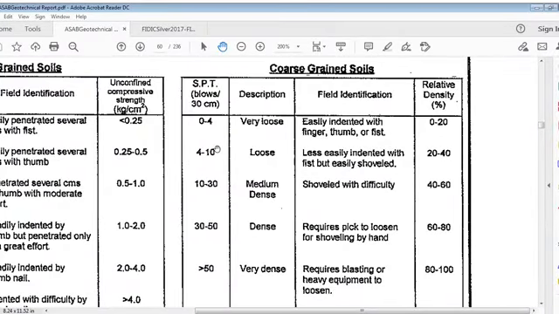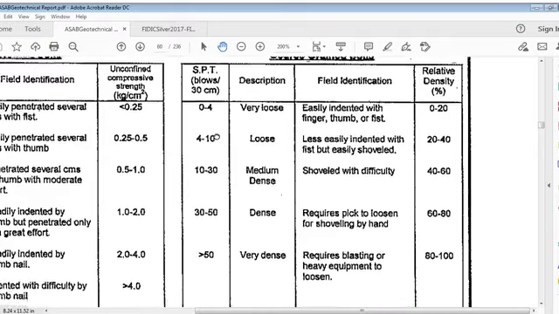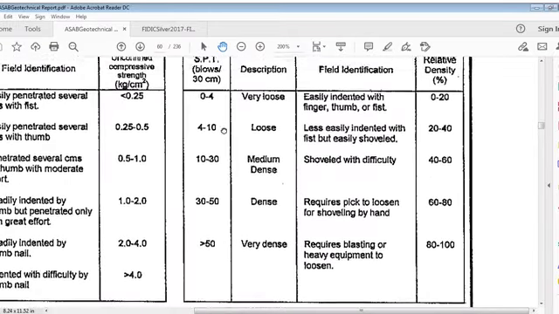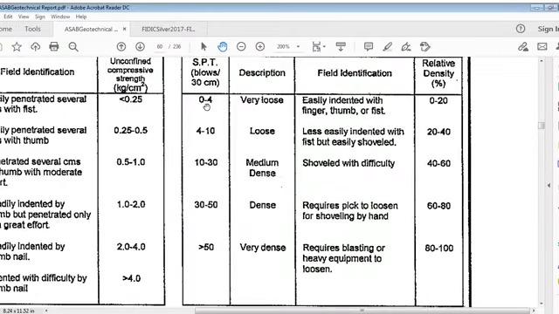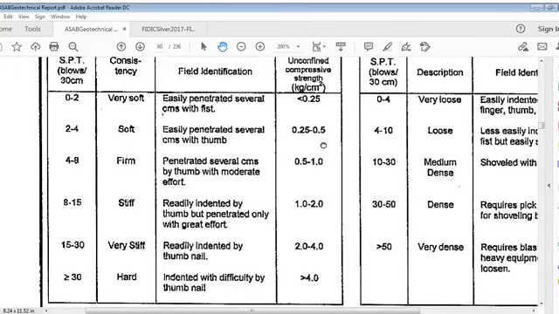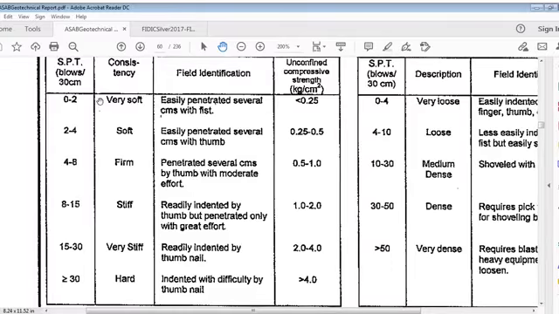Now blows per 30 centimeter, let us say 0 to 4, which is very loose. Then 4 to 10, so it's more. Then 10 to 30, which is about 2.5 times.